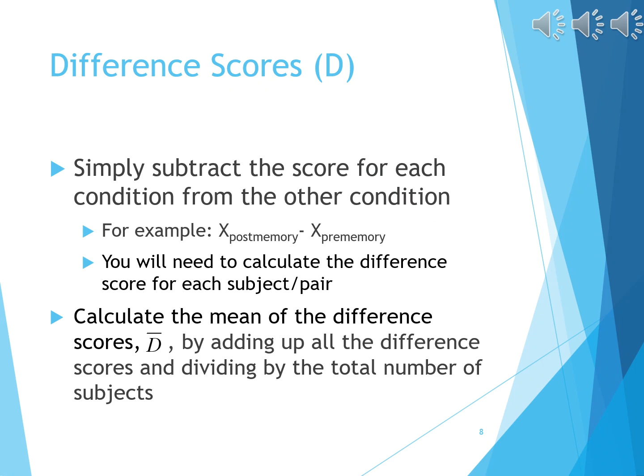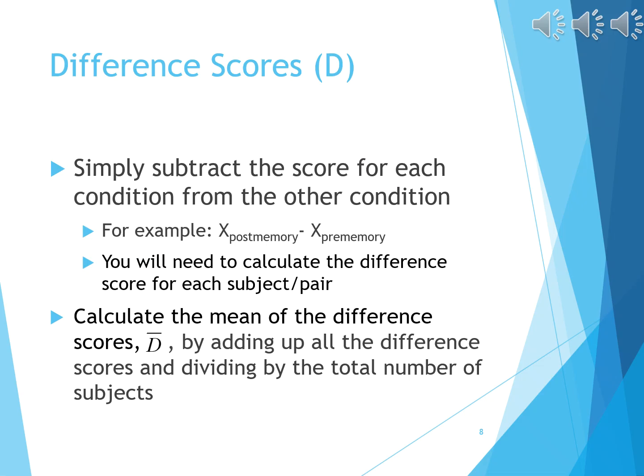If you took the post-test self-esteem score, represented by X subscript post-memory, and subtract from it X pre-memory self-esteem, you'd probably get a positive number, because on average people will have higher self-esteem afterwards.